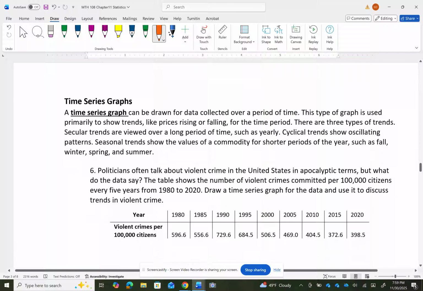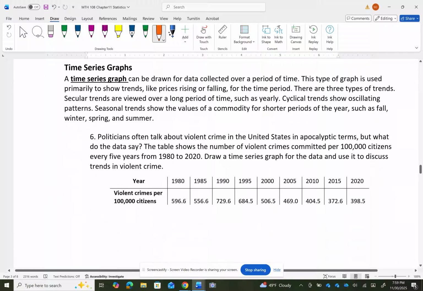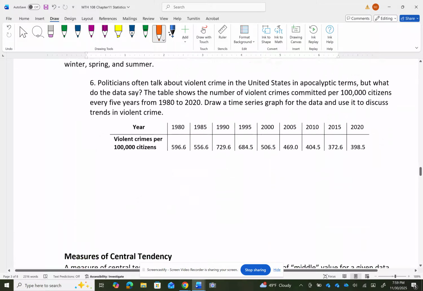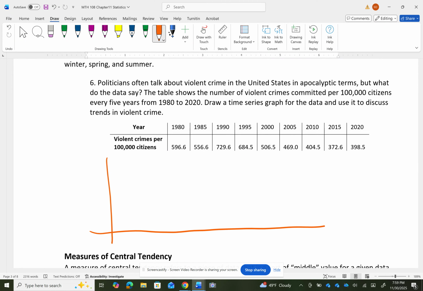All right, I kind of think of these almost like line graphs. Sometimes they're called other things, but what we would do is have one axis that we would use to show the violent crimes.